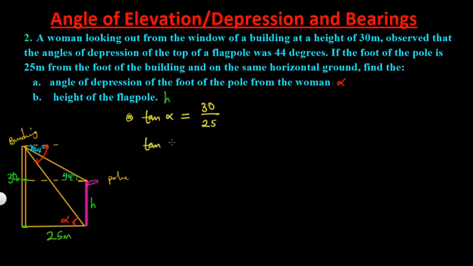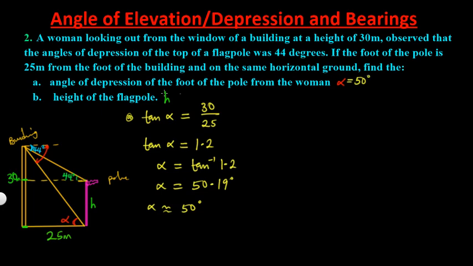And that gives us tan alpha to be equal to 1.2. Alpha then becomes the tan inverse of 1.2, where alpha is 50.19 degrees. We can approximate that angle to be 50 degrees. So alpha here is 50 degrees. That's the angle of depression of the foot of the pole from the woman, which is the same thing as this, 50 degrees.